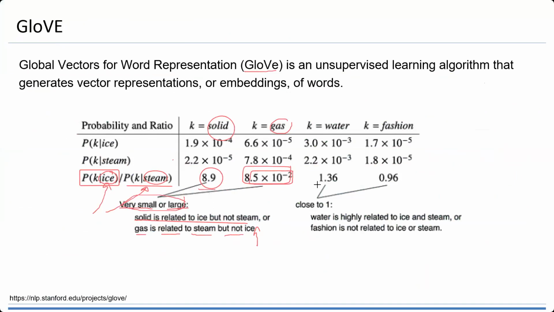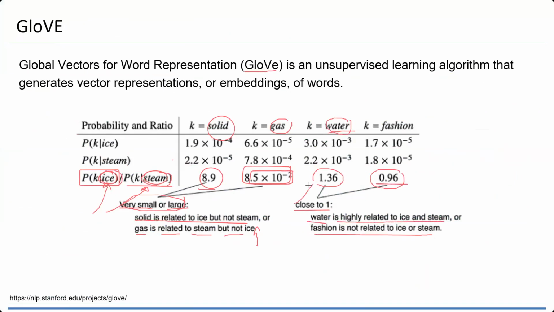But there is also a ratio when the number is close to 1. If the number is close to 1, it means, for example, water. Water is highly related to ice and steam. But this one, fashion, is near 0, so it is not related to ice or steam.